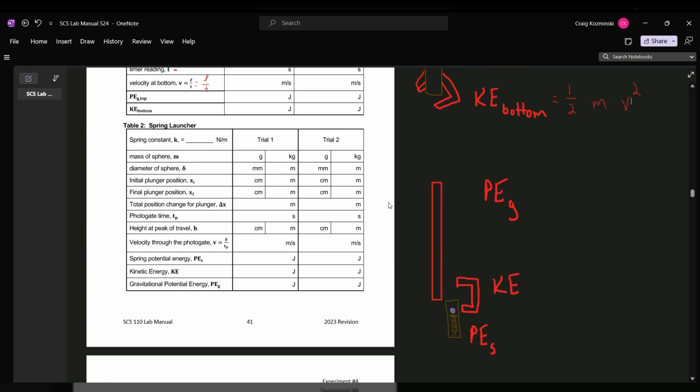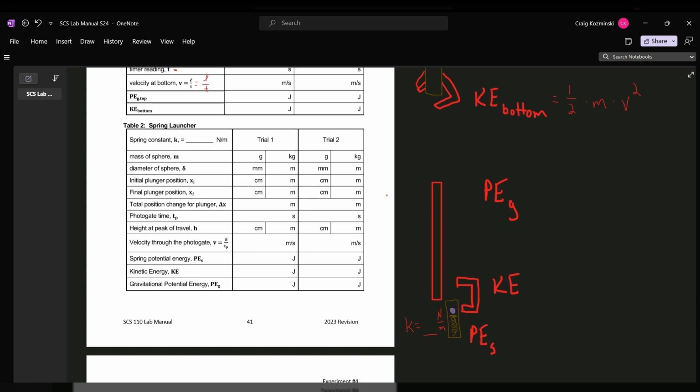In part 2, the spring launcher, we have a little bit of a hasty diagram here. We have our spring at the bottom, and this spring will have a constant K, which will be written on the spring, and that constant has a unit of newtons per meter.